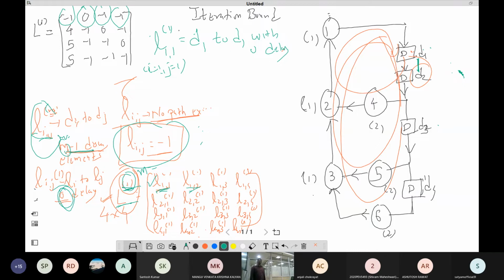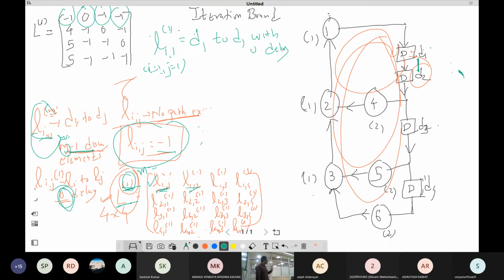You need to observe that if there is no path, then you need to put -1. So if I start with D1, is there any path through which I can travel and again reach D1 where there is no delay?